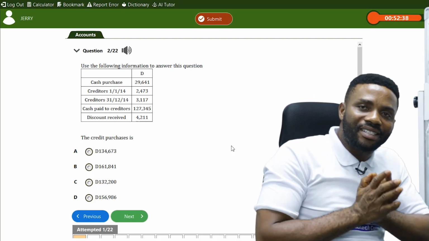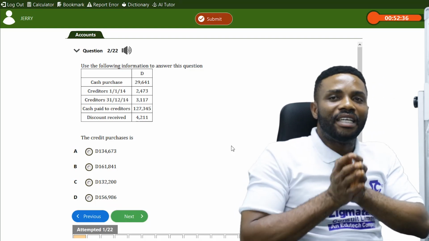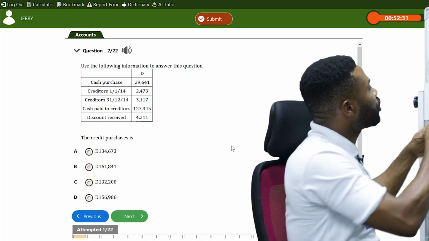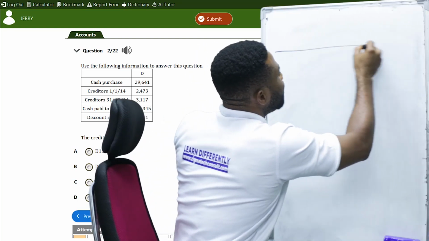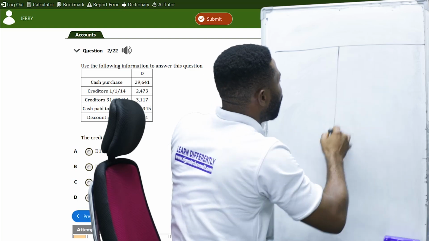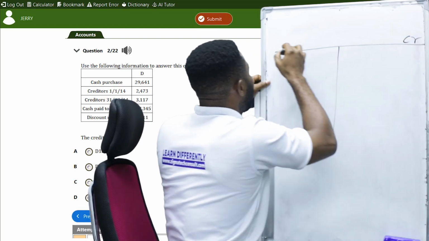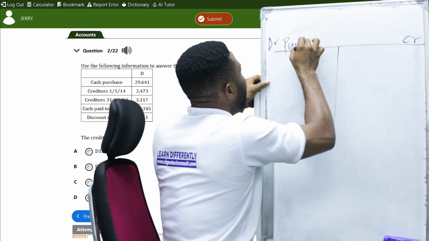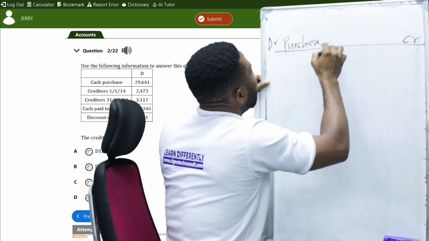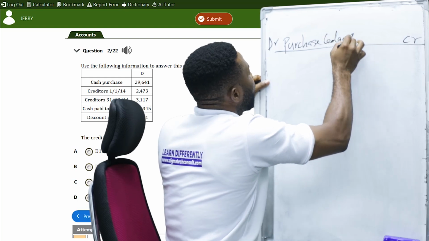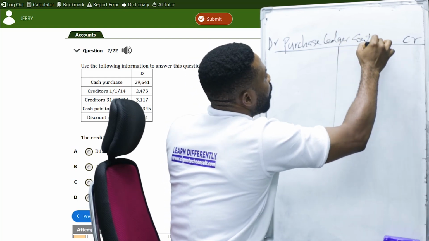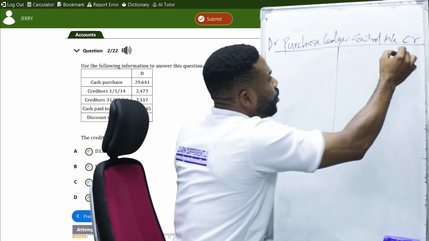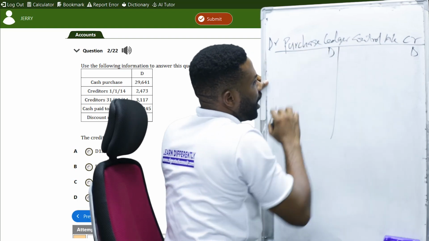It will be on the credit side of the cash book, and the item that is purchased is debited. So let's quickly rule our T method. You have your credit side, you have your debit side, and remember it is purchase ledger control account, and you have your currency sign here.